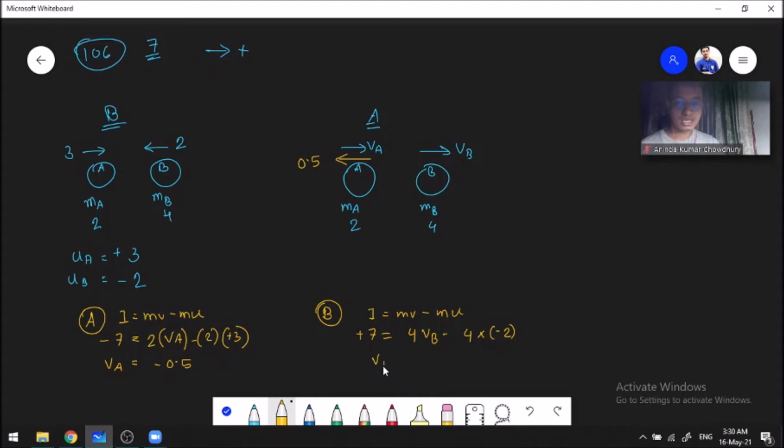From there we can understand that the final velocity of B will be positive 0.25. We had assumed that B moves towards the right, and here our answer turned out to be positive. Therefore, our assumed direction of B's final velocity was correct. So B does move towards the right after the collision, and the velocity after the collision is 0.25 meters per second. So that should be your example number 7.